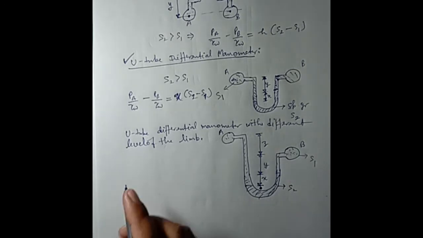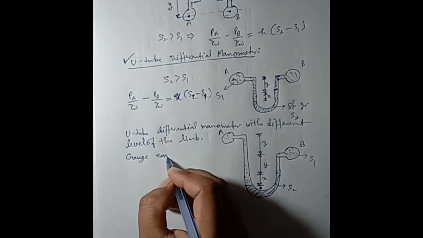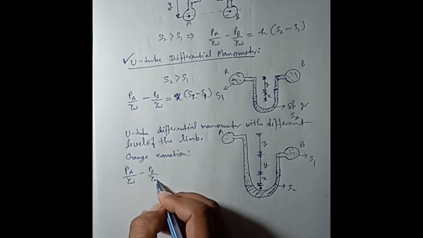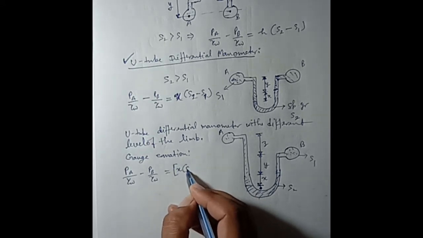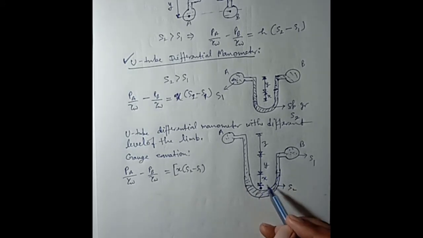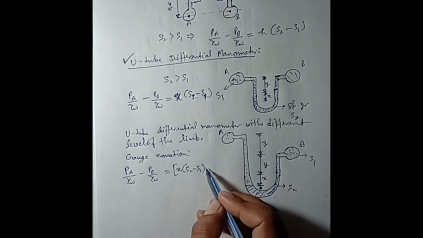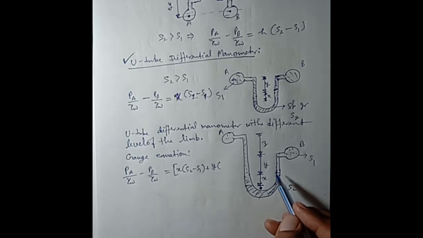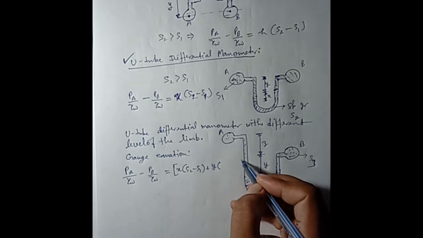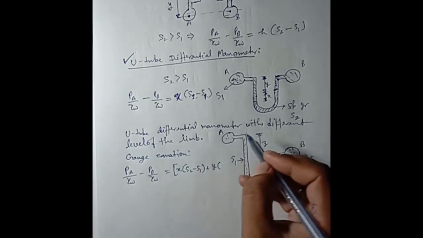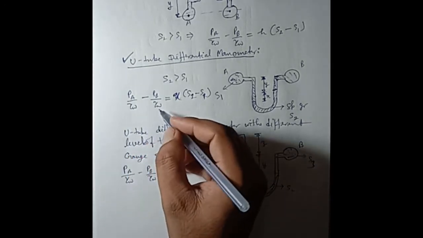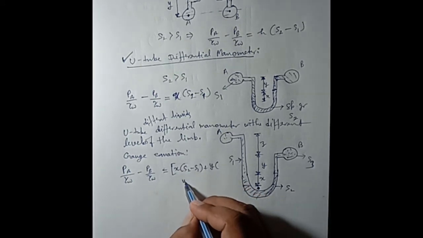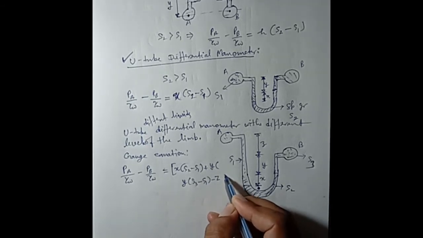Okay, the general gauge equation is written as PA upon gamma W minus PB upon gamma W, which is equal to X into (S2 minus S1), plus Y into (S3 minus S1), and minus Z into S1.